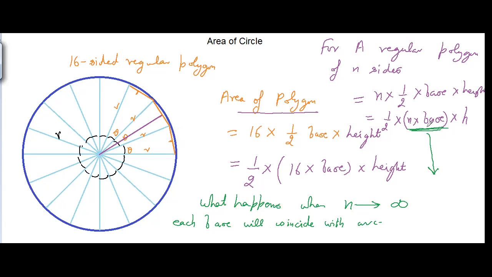So n multiplied by base means adding all these bases which are n in number. That means adding all these n arcs. That means this will become the circumference of the circle, that is 2 pi r. Is this point clear?